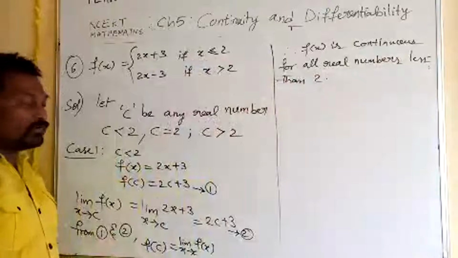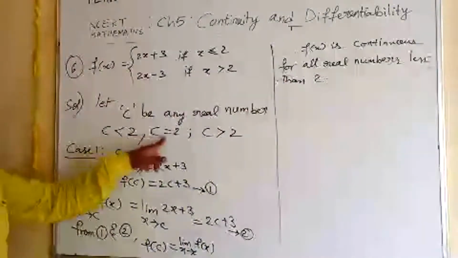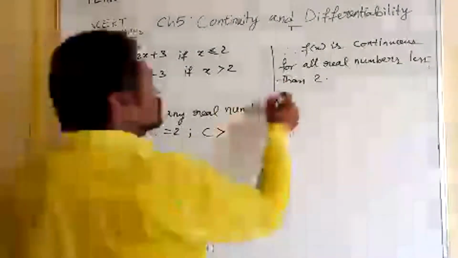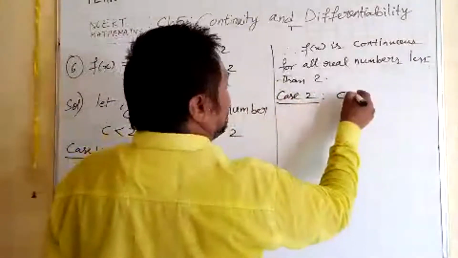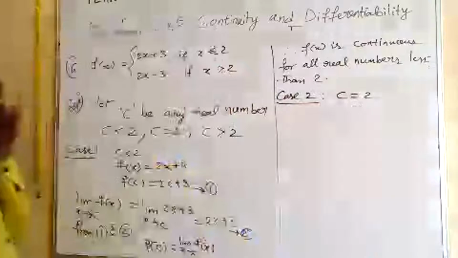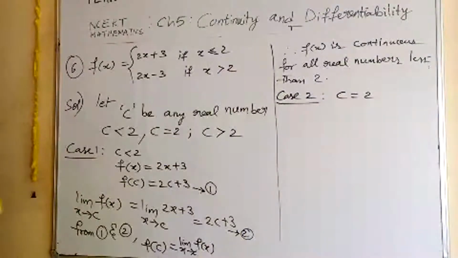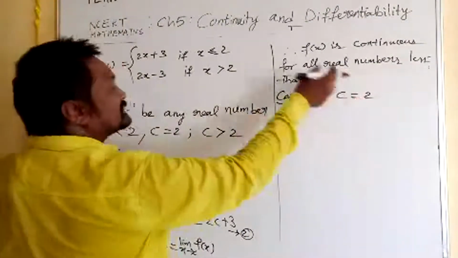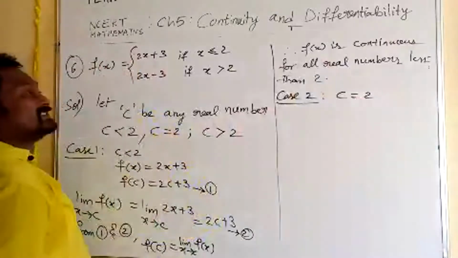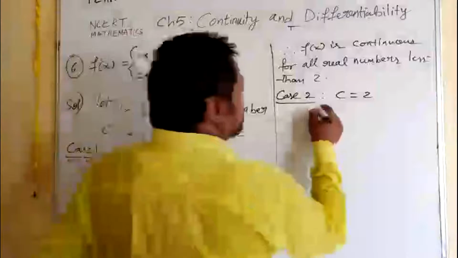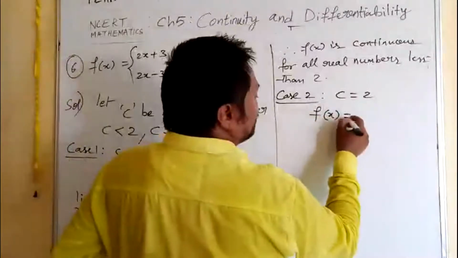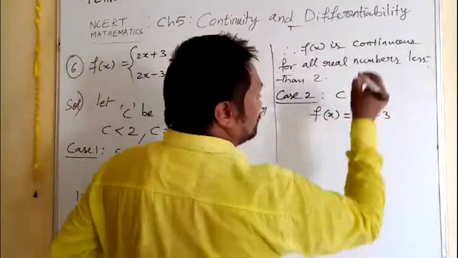Now let us go for the second condition: c is equal to 2. So case 2, c is equal to 2. Whenever c is equal to 2, x is nothing but 2, so f of x is equal to 2x plus 3 here.